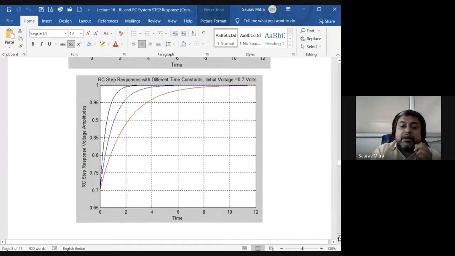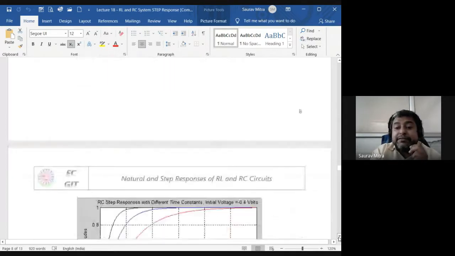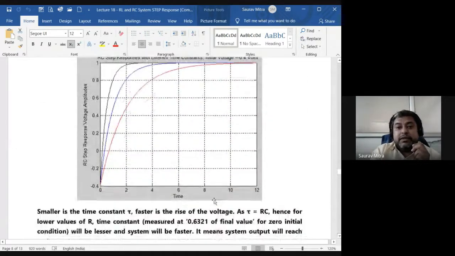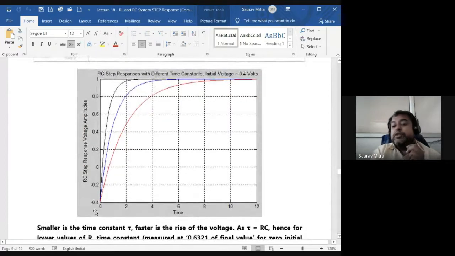Last graph, we will keep a negative initial voltage. How much is the initial voltage in this case? Initial voltage is minus 0.4 volt. So how much is the travel here for all the graphs? They are all starting at minus 0.4 and going up to 1. So what is the total travel between positive and negative, or high and low? It is 1 minus of minus 0.4. So here the travel is 1.4 volt.